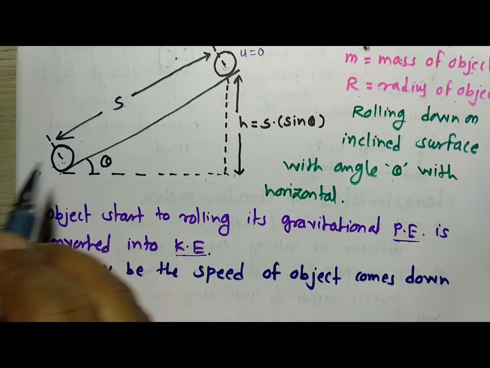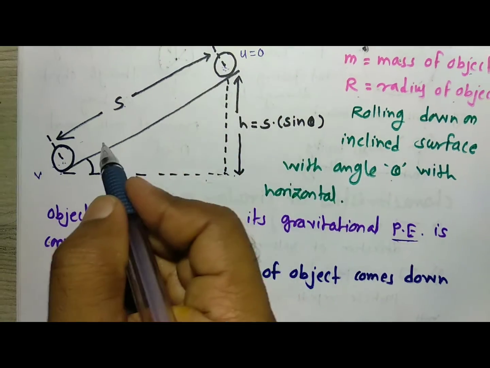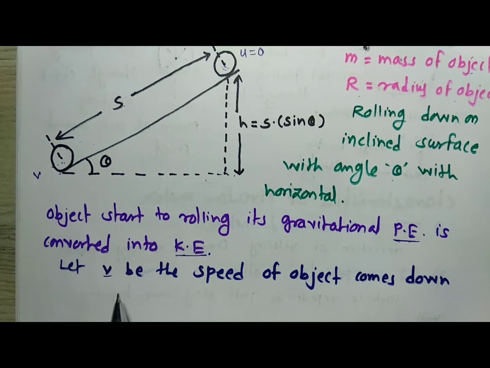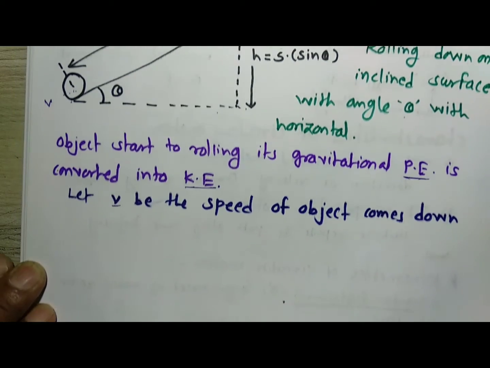First of all, we know that when a body is rolling down, it has circular motion as well as translational motion.